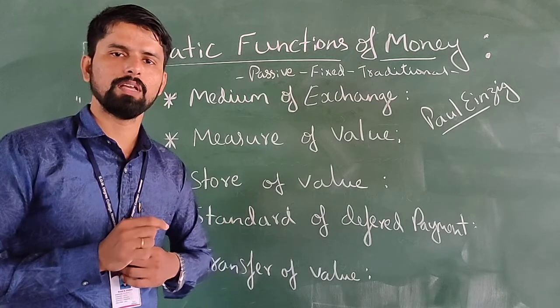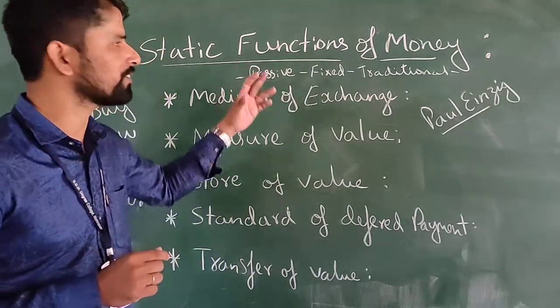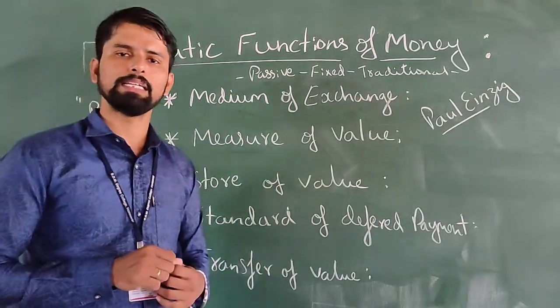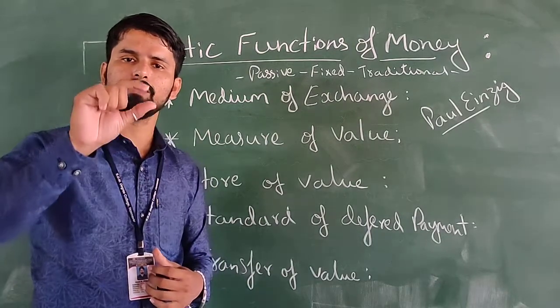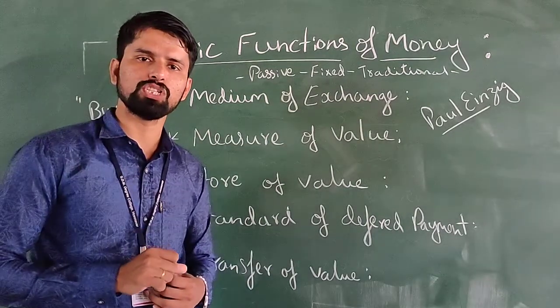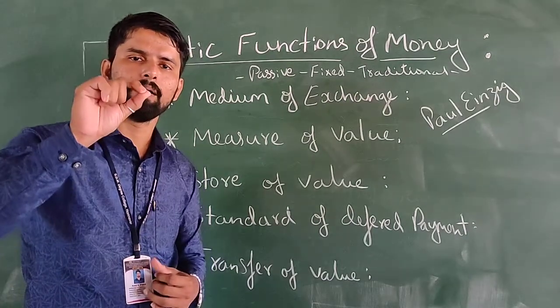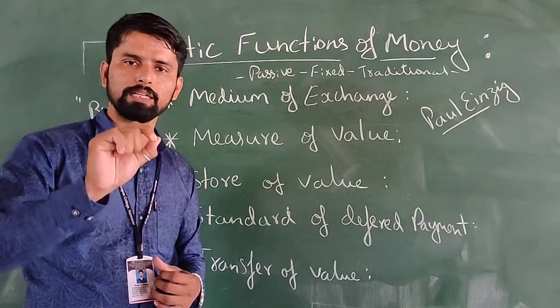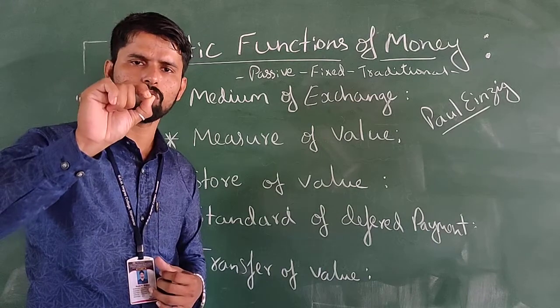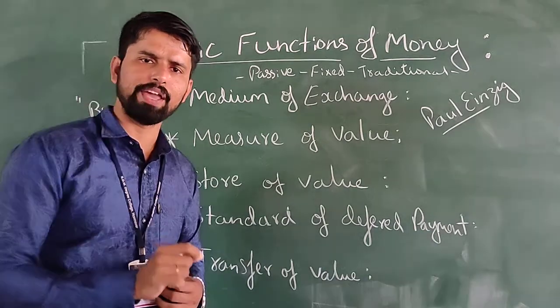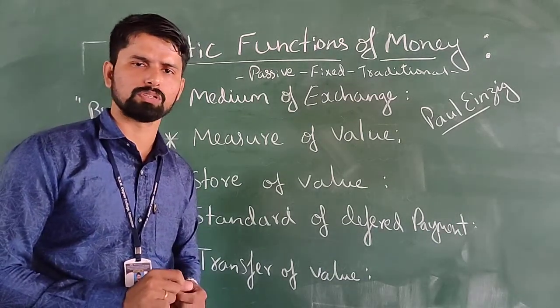So this is the conclusion of the static functions of the money, that the money has fixed performances, and these are the direct areas where the money is used.